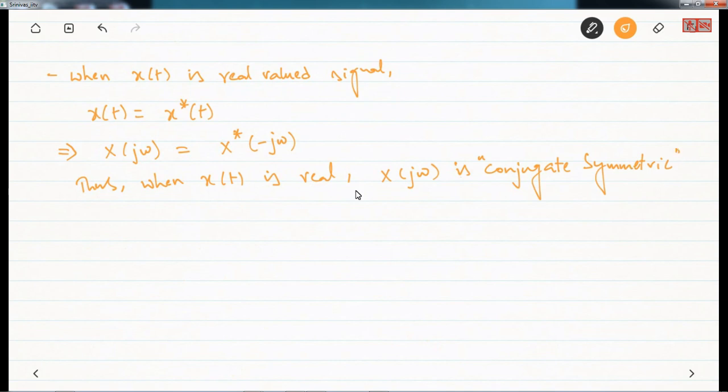When a complex number has this property, that the complex number is equivalent to its conjugate, and when a function has this property, this is called conjugate symmetry. When any complex valued function has this property, we call it the conjugate symmetric property.